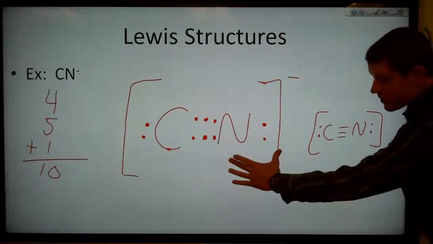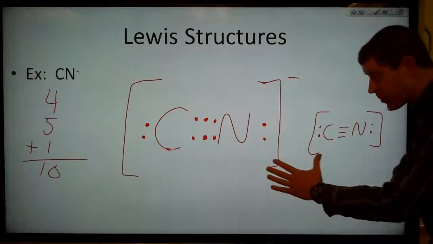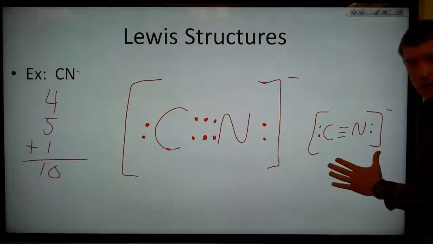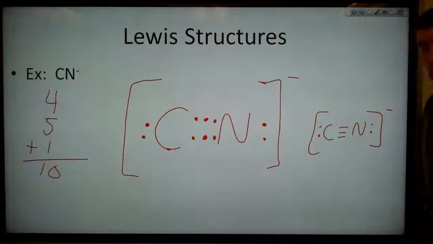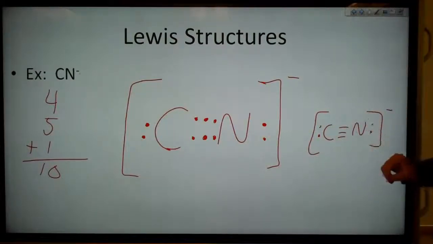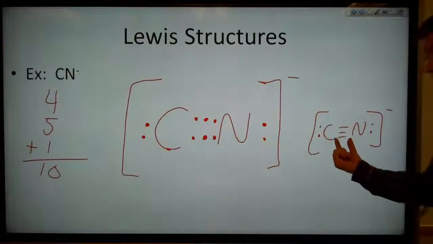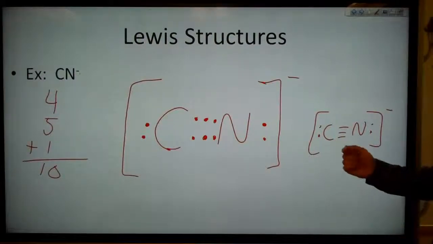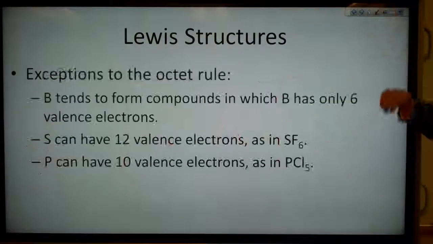So this is really what a Lewis dot structure looks like, but sometimes people sort of make a shorthand version that looks like this with the lines instead. Either one is really okay, because either one really shows what's going on, as long as you make it clear that you're using lines here instead of dots for electrons.